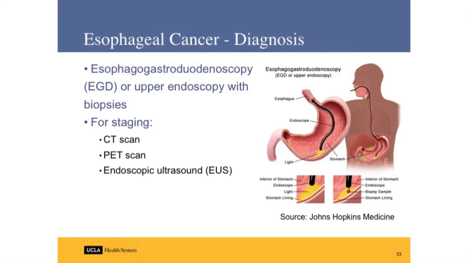Once a patient's diagnosed with the cancer, then one has to stage the cancer to see how far it's spread, if at all spread. So staging is done by doing a CT scan, a PET scan, or endoscopic ultrasound. And an endoscopic ultrasound is basically a test where you have an ultrasound probe attached to the end of the endoscope, and it allows us to see other surrounding structures.